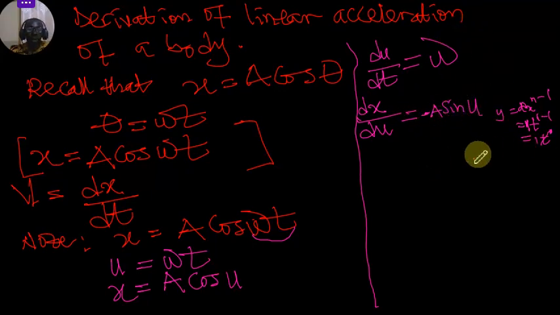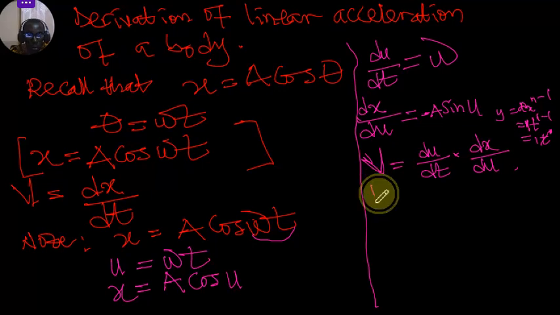Now, two values have been given already, du/dt and dx/du. So if we need the velocity, which is dx/dt, we can just come here and say velocity. Don't let us make it look difficult now. Velocity is just multiplying these two together, du over dt multiplied by dx over du. So dx over dt, which is our velocity, is: what is du over dt?